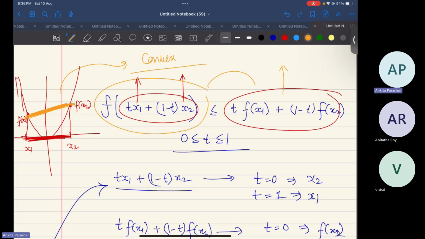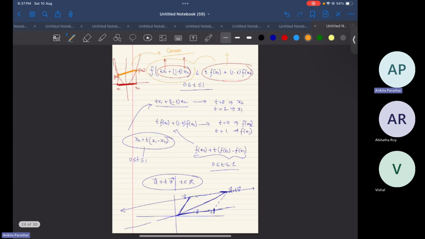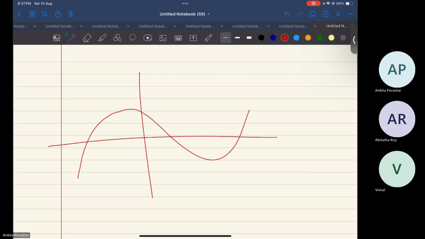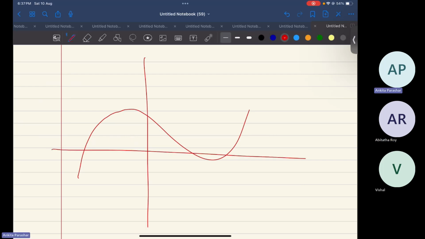But let's say I draw something like this, and I give you 2 points, this one and this one.